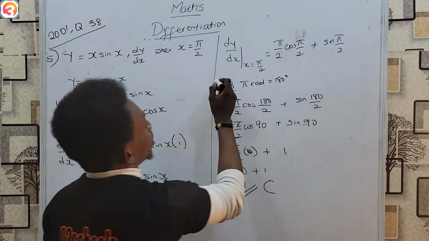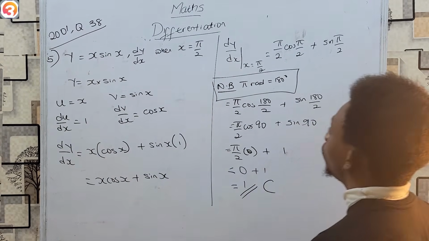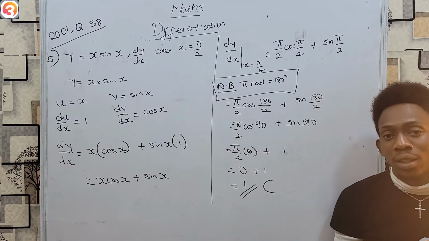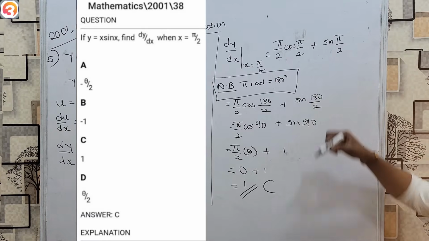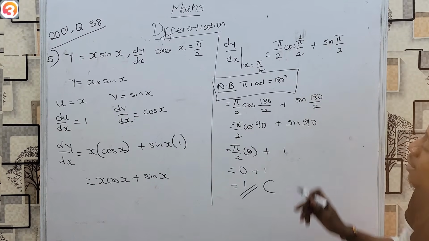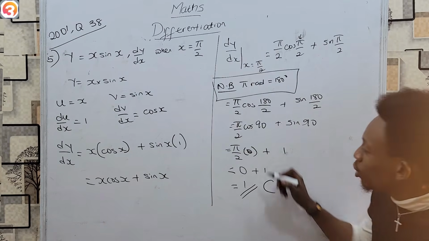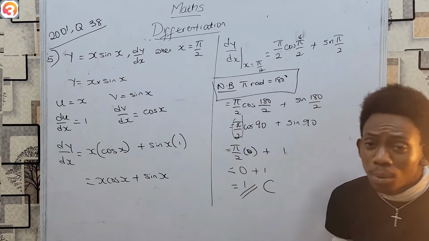So this is something you must have known, or you should know if you did not before. If you are being asked to substitute pi into the equation, pi represents 180. But please note, pi represents 180 degrees when it is inside the cos or inside the sine. Outside it, it is still your normal pi.